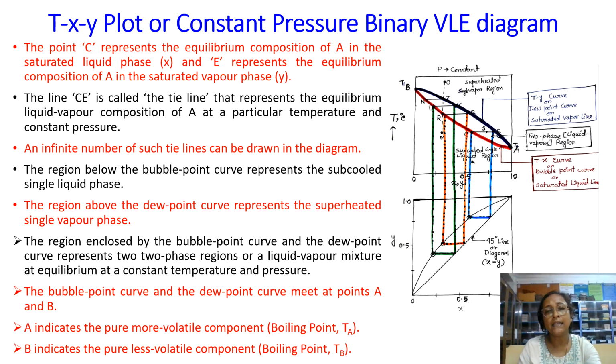And TA indicates the boiling point of A, TB indicates the boiling point of B, and we know that as A is more volatile, its boiling point is less than the boiling point of pure B, which is less volatile. And that is the reason TB is located above the TA point.